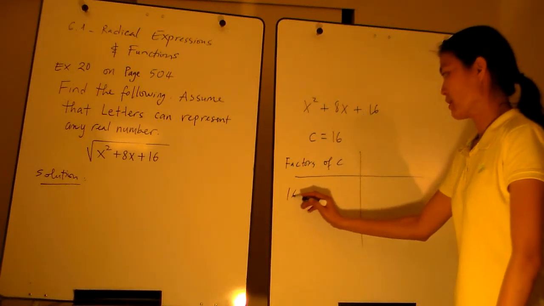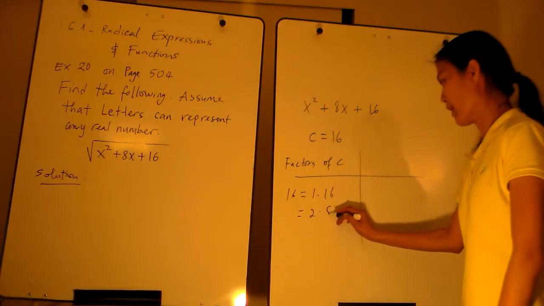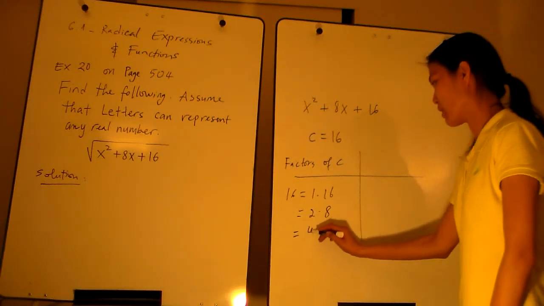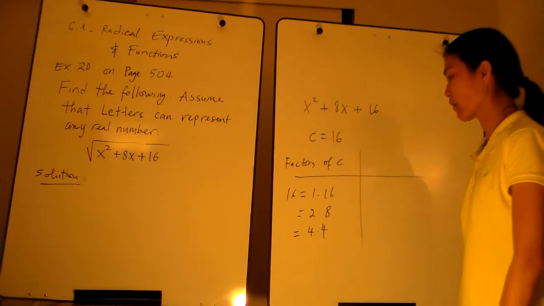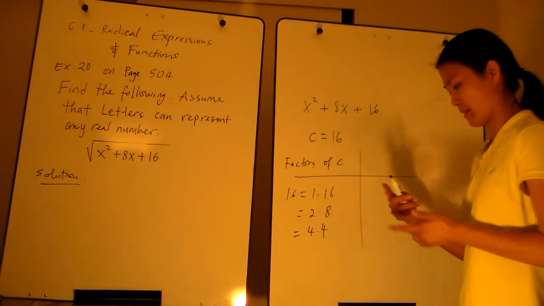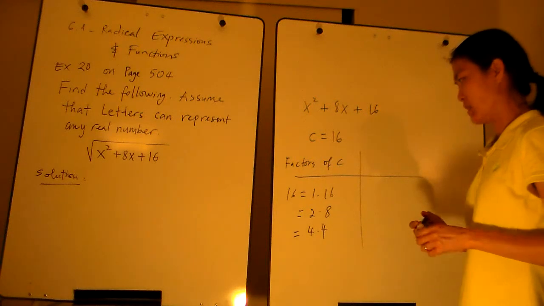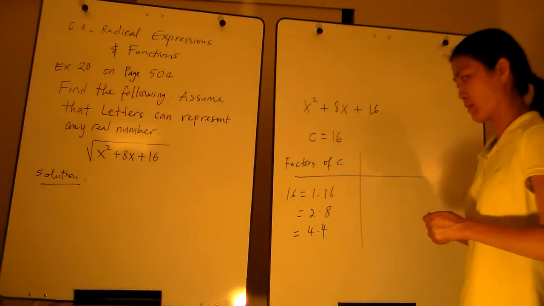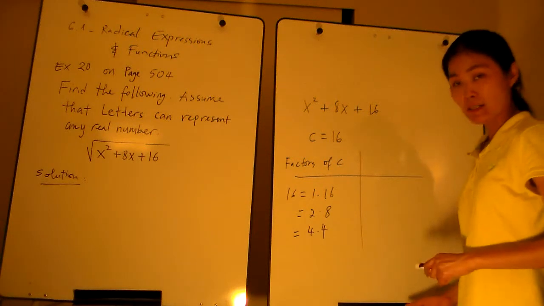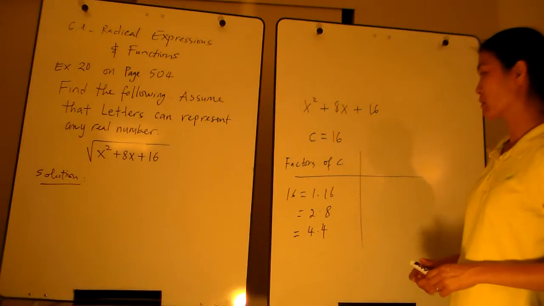So 16 can equal 1 times 16, or 2 times 8, or 4 times 4. There's no 5 times anything that equals 16. How about 6? There's nothing you can multiply by 6 to get 16. How about 8? Yes, but we already included this pair right here.